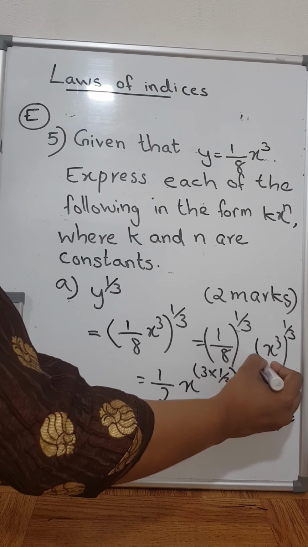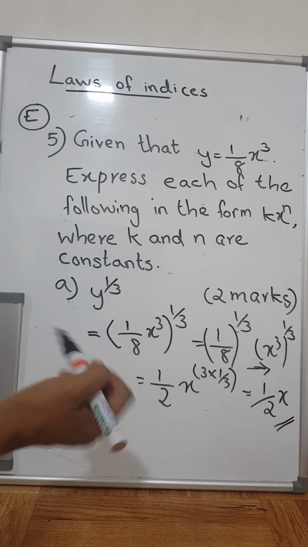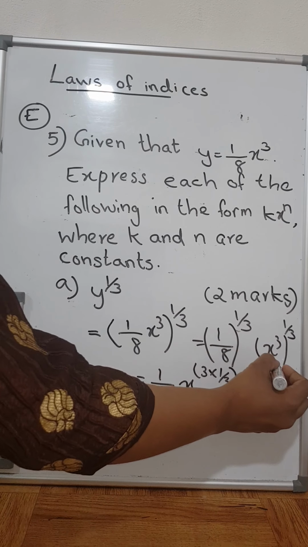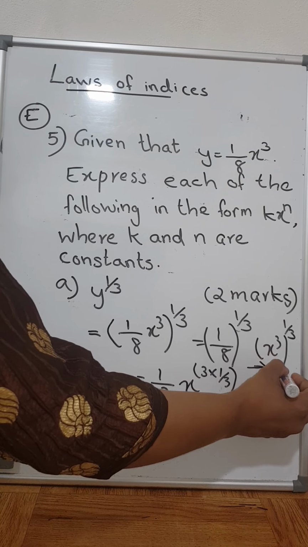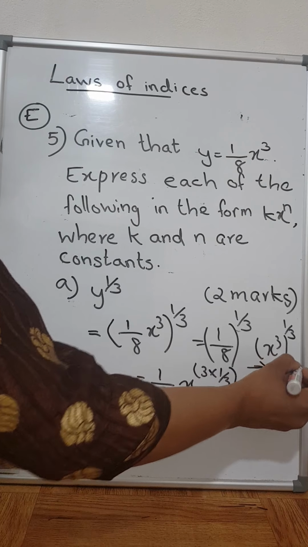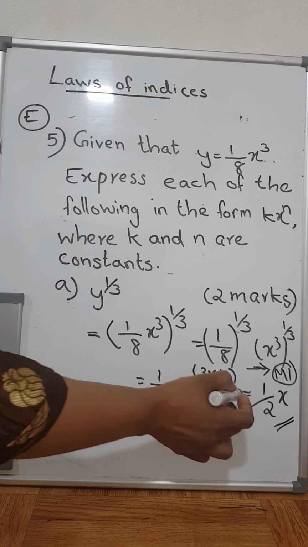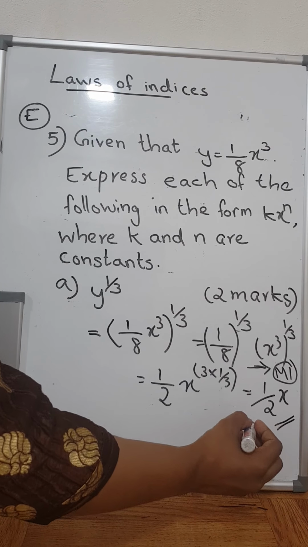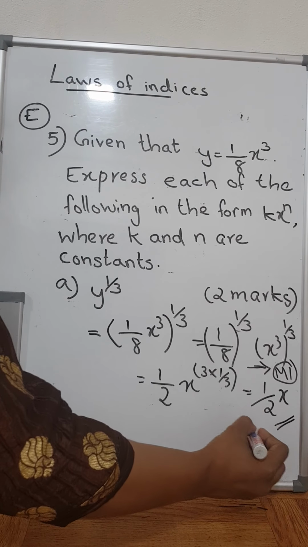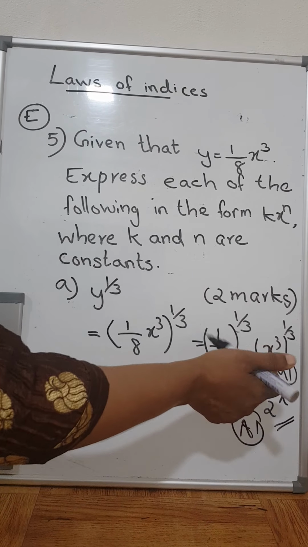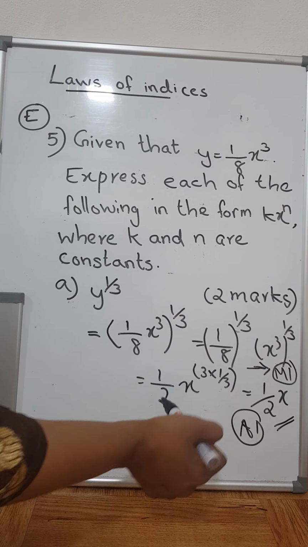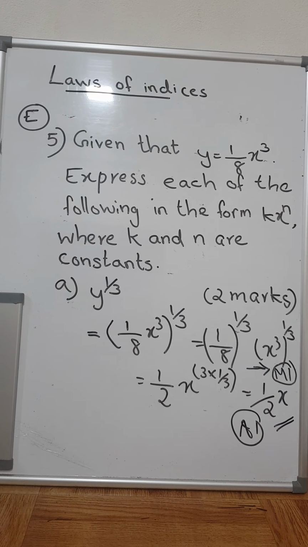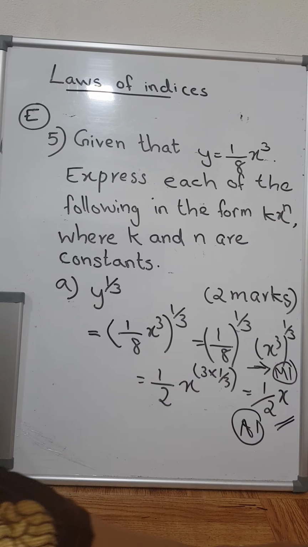The only step you need to show is this one. If you have shown this step, you will get the method mark, that is M1. If you have got the correct answer, you will get the answer or accuracy mark, that is A1. So by showing this step and getting the correct answer, you will get full marks for the question.